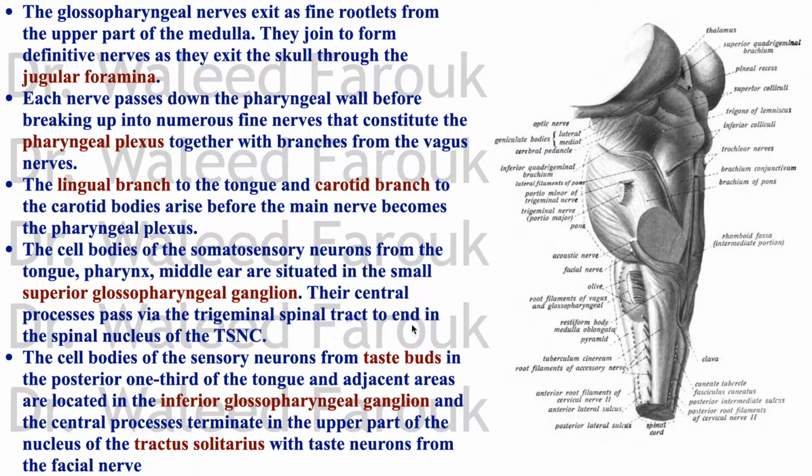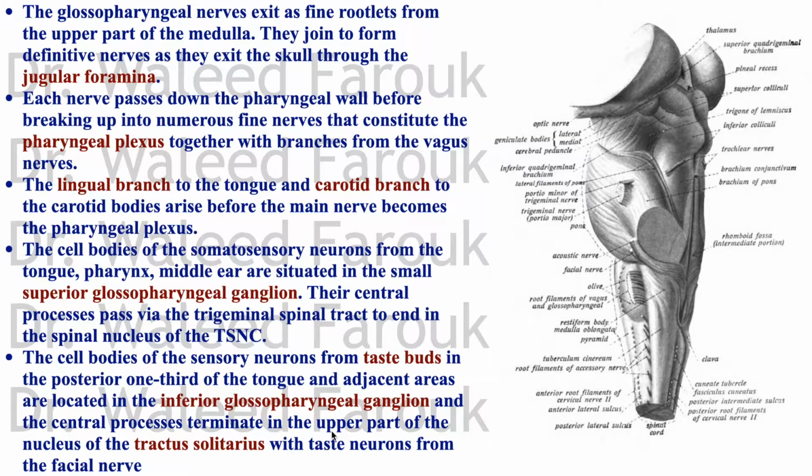The central processes pass via the trigeminal spinal tract to end in the spinal nucleus of the trigeminal nerve, or the TSNC.